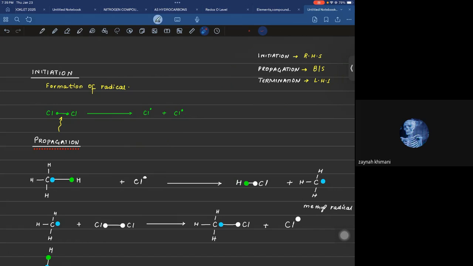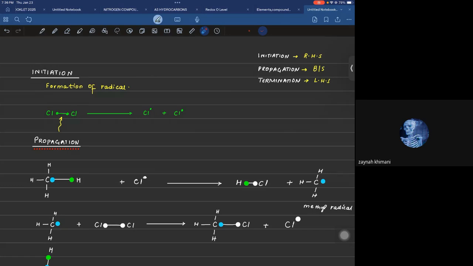Along with chlorine, you would frequently see the examiner giving you bromine as well. The behavior of bromine is 100% the same as chlorine because they belong to the same family, the halogen family.